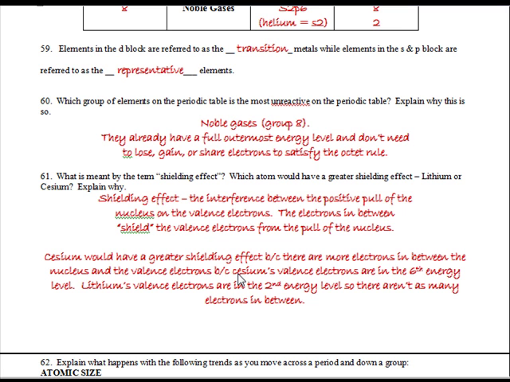They're 6 rows back. Lithium has valence electrons that are in the 2nd row back, or the 2nd energy level. So there aren't as many kids in between, so the teacher can do a better job watching. So cesium has a greater shielding effect because there are more electrons in between the nucleus, the teacher, and the valence electrons, the kids in the back, because cesium's valence electrons are in the 6th energy level. Lithium's valence electrons are in the second energy level, so there aren't as many electrons in between.